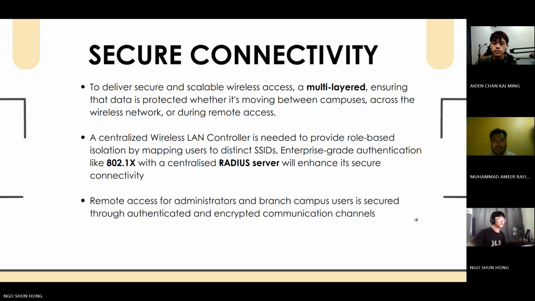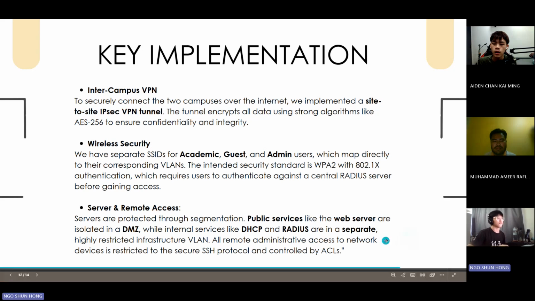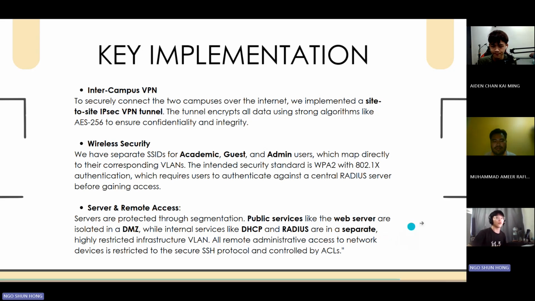For the key implementation, we have implemented the inter-campus VPN, which is a site-to-site IPsec VPN tunnel. This tunnel encrypts all the data using strong algorithms like AES-256 to ensure confidentiality and integrity.